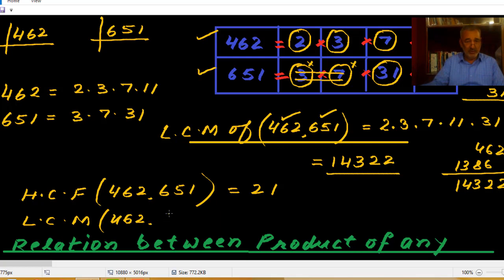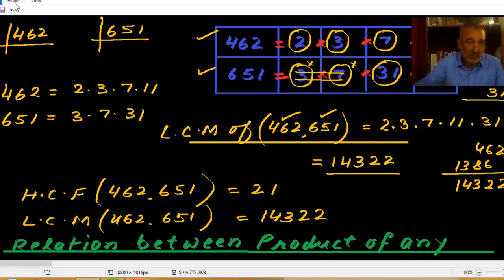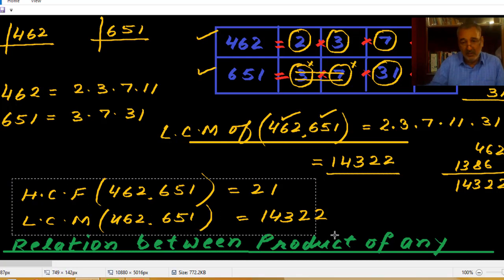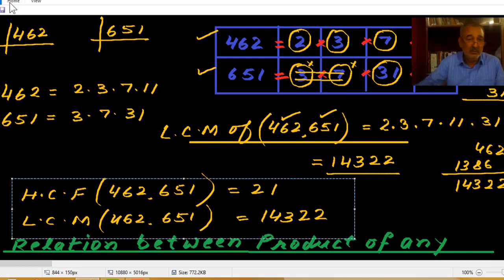LCM of 462, 651 is equal to 14,322. Is it clear? If yes, I'm taking these two numbers in here. Next, I will take these two numbers in next example. So I'm taking this information.